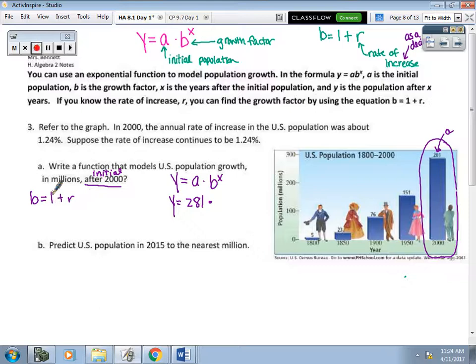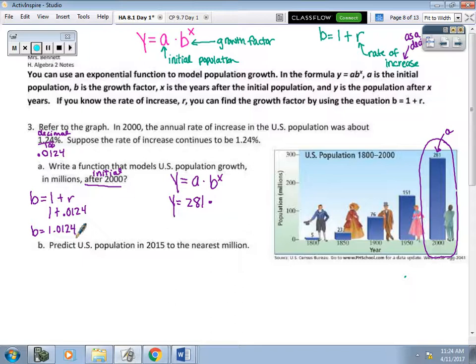Again, that's 100% of the population, and then r is how many we're adding to that population. Now we need to change this to a decimal by dividing by 100 or moving that decimal 2 spaces over. So it'd become 0.0124. So we get b is 1.0124.